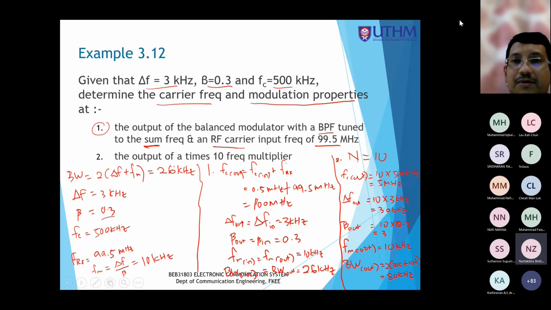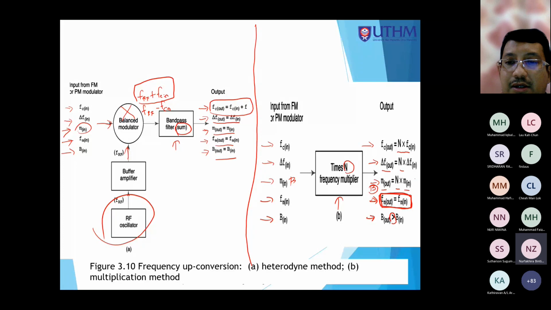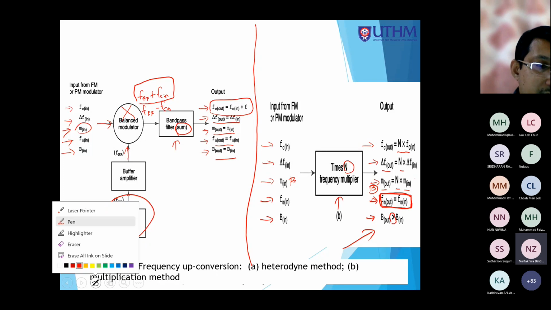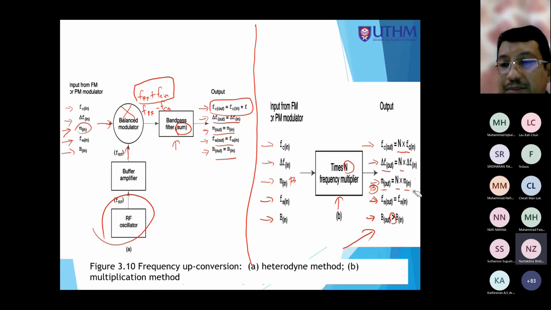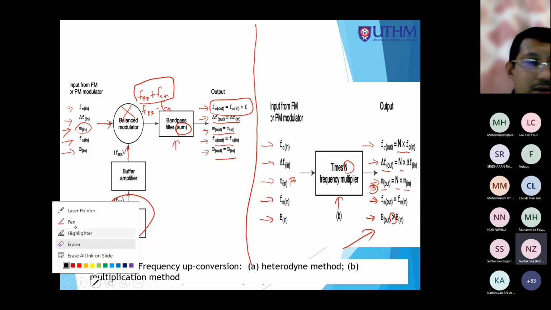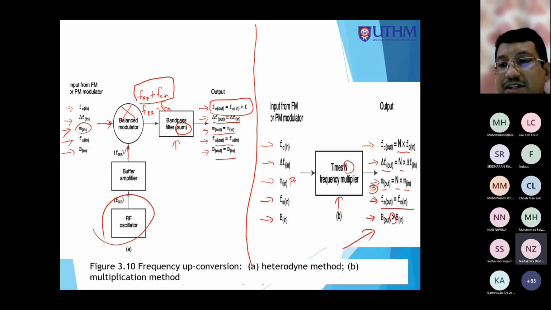Doktor, nak tanya untuk FM tu dia tak perlu kali 10 eh? Tak perlu. No need. Because you see from here, for the multiplication method, kita tak perlu multiply dengan 10 kerana hanya ini saja yang berbeza.